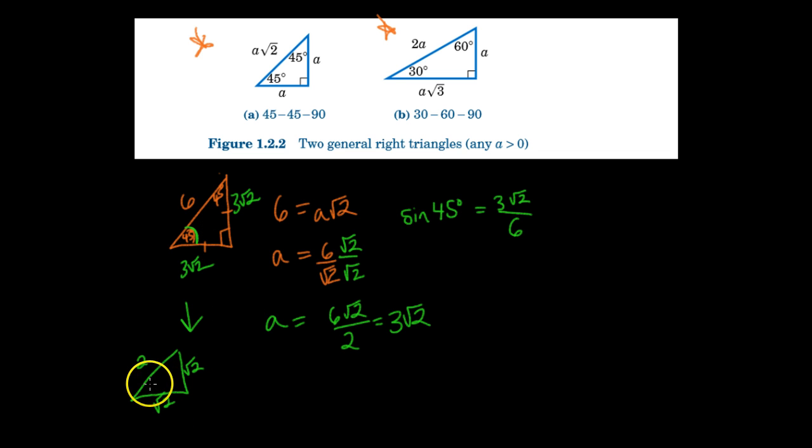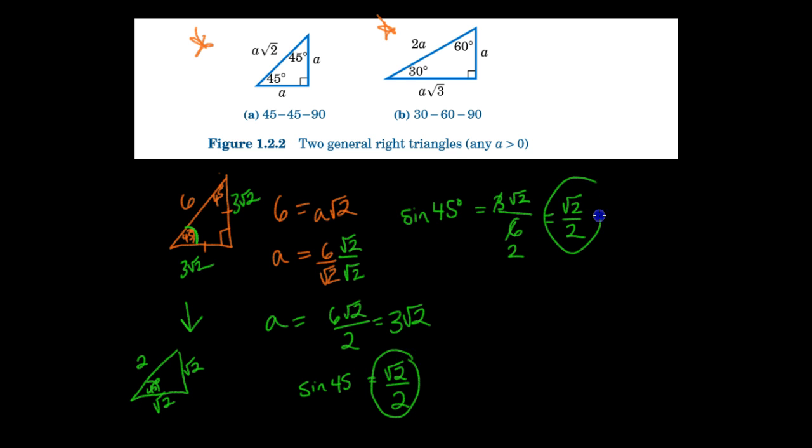And similarly, in the smaller triangle, the sine of 45 is equal to root 2 over 2. If I simplify the first one, it's equal to root 2 over 2, and this is already simplified to root 2 over 2. So once again, I'm emphasizing that it doesn't matter if the sides are longer, as long as they're proportional and you're dealing with similar triangles.